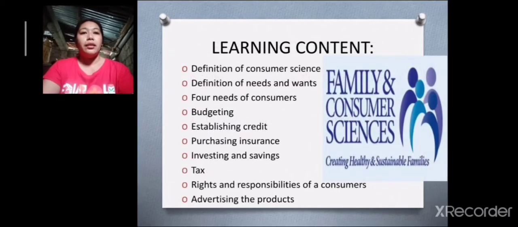Learning content: definition of consumer science, definition of needs and wants, four needs of consumers, budgeting, establishing credit, purchasing insurance, investing and savings, tax, rights and responsibilities of the consumers, and advertising the products.